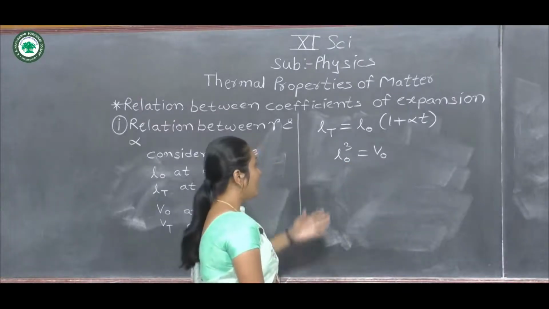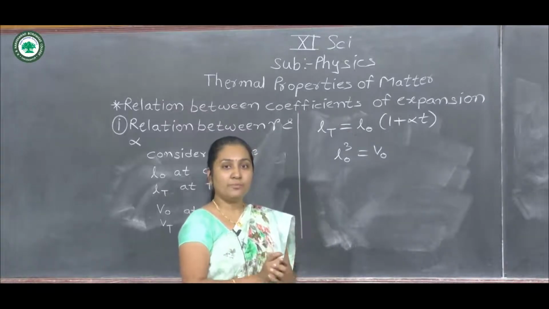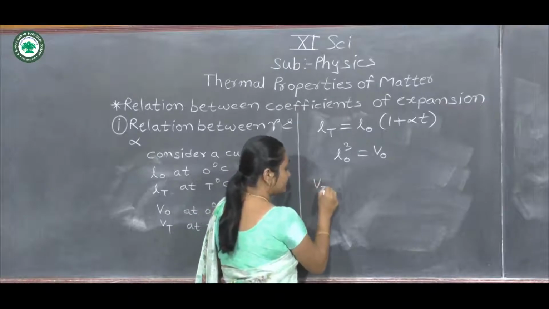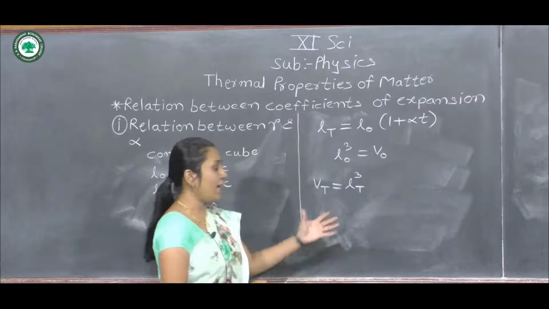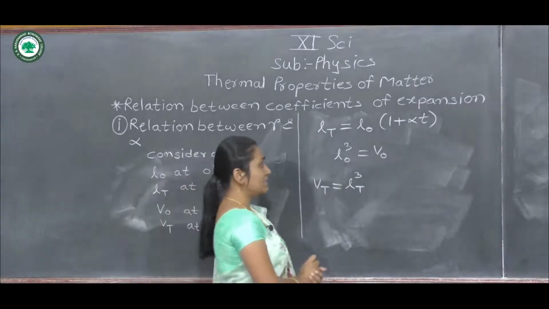Now we find the volume at T degrees Celsius: Vt is equal to LT cube, that is the volume of the cube at T degrees Celsius.